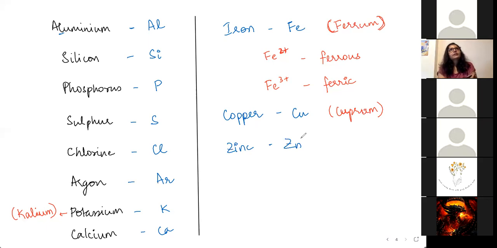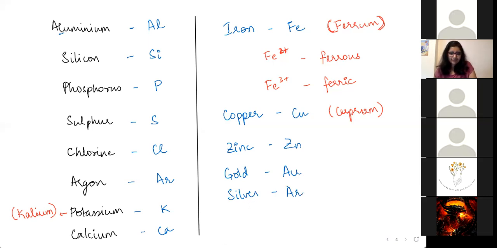What other elements do you need to get familiar with? Ma'am, Latin name. Silver and gold. Gold is Au, good. Lead is Pb. Silver.